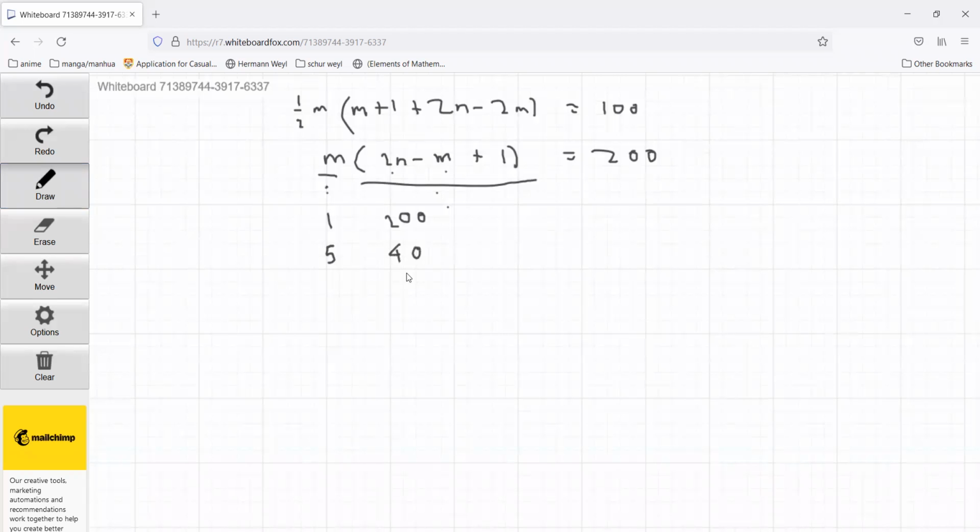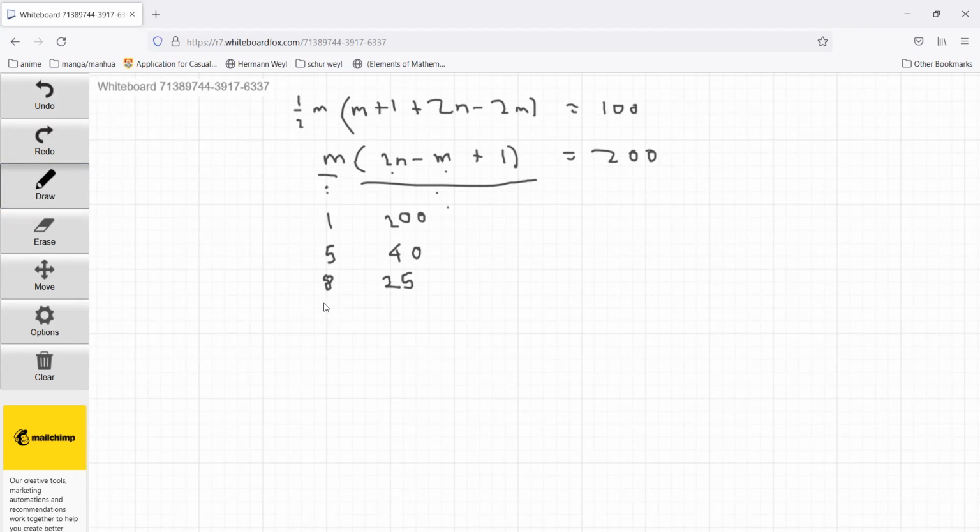This works. 6, 7 doesn't. 8 and 25. Again, this is two pairs, one is even, one is odd. 10 and 20 doesn't work. So this is all our pairs, right?